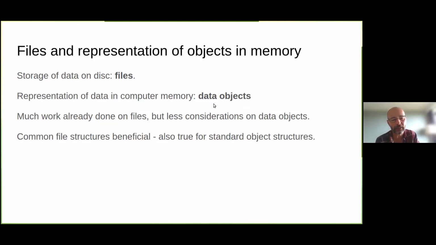It might do now. But it's very useful to have a common structure, both in files and also for data objects in memory as a smart data object, because then it's easy to use the same functions and the same scripts to do the analysis. And that makes the analysis much more reproducible.